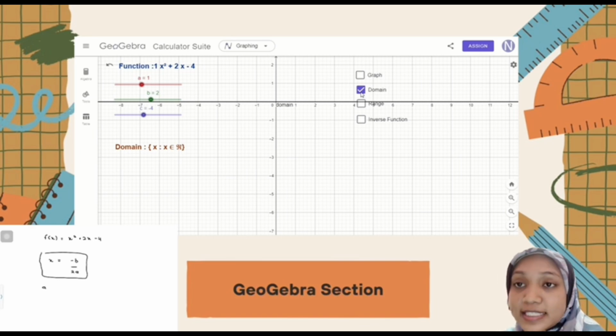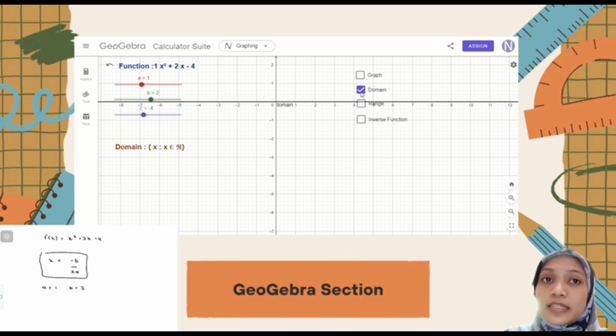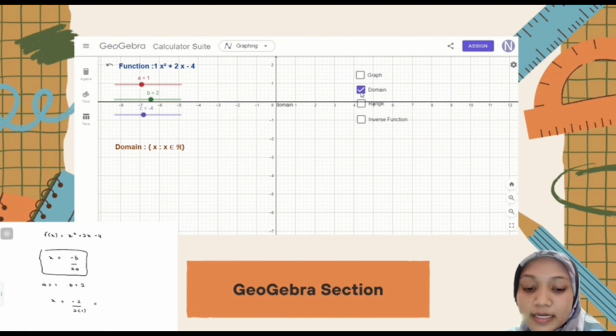A for this equation is 1, b is 2. So x equals negative 2 over 2 multiplied by 1, which is negative 2 over 2, solved as negative 1.